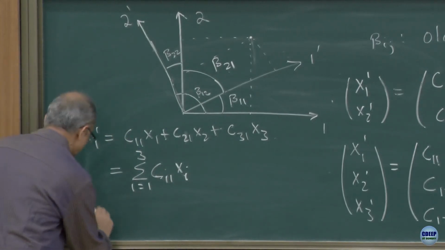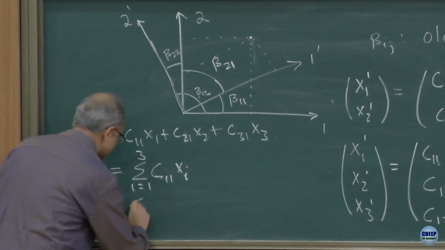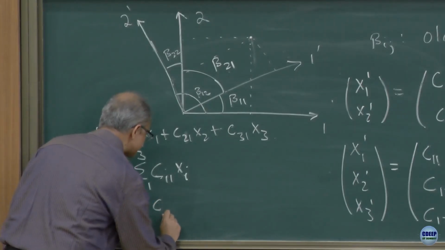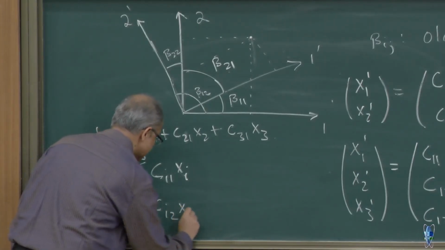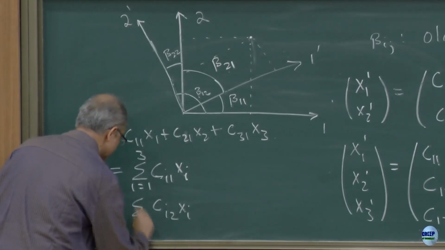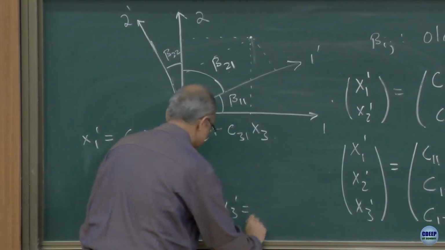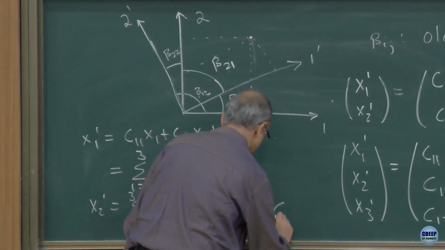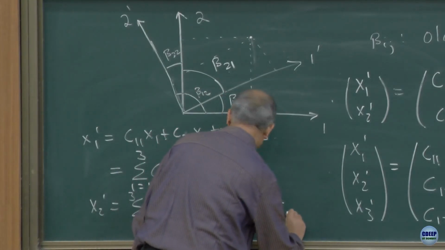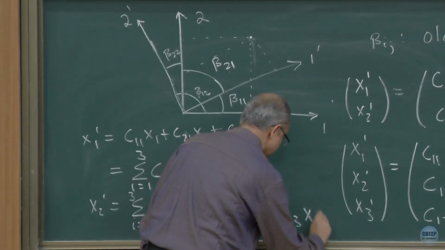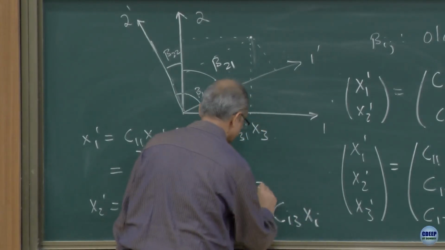Similarly, x2 prime is the sum of Ci2 xi, with i going from 1 to 3. And similarly, x3 prime is equal to the sum of Ci3 xi, i going from 1 to 3, correct?